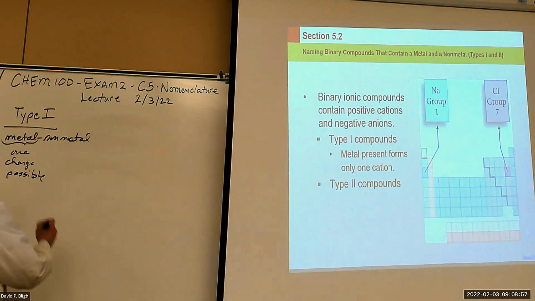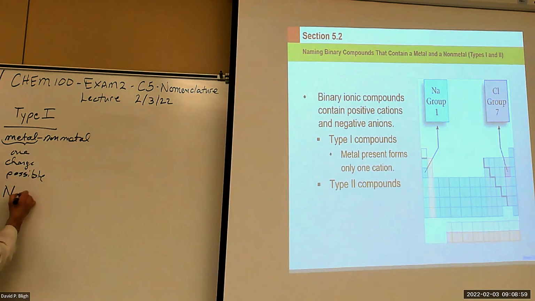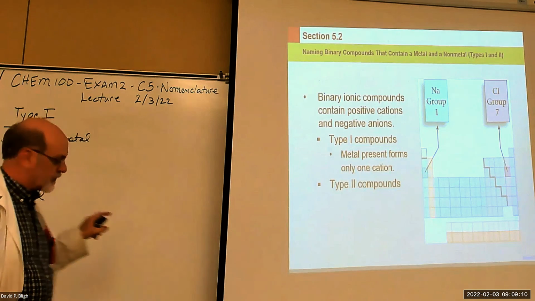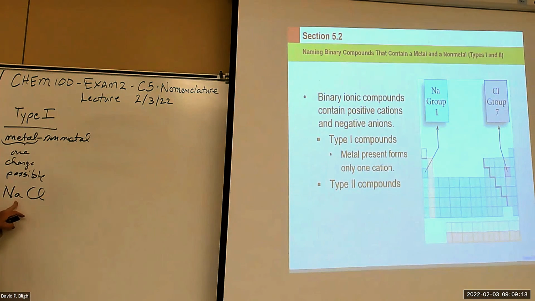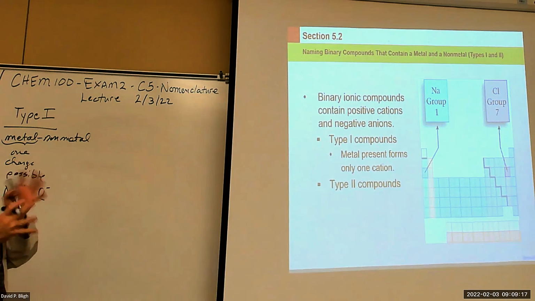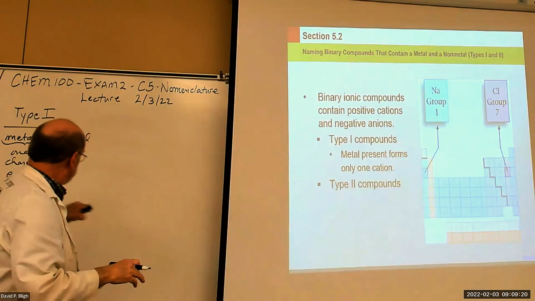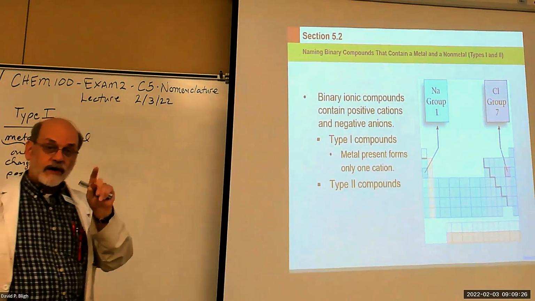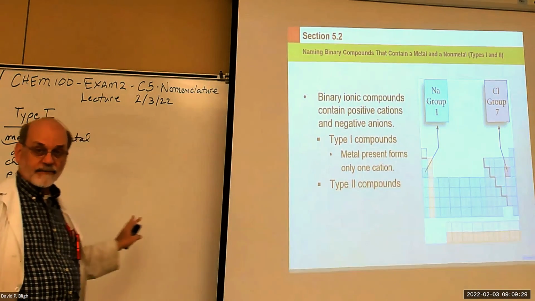So we would write it this way. We know that halogens are a single negative charge, and sodium is a single positive charge. If we put the charges in there just so that we can balance things, then we would say sodium +1, chlorine -1, you only need one each. So that's how you would write the compound.